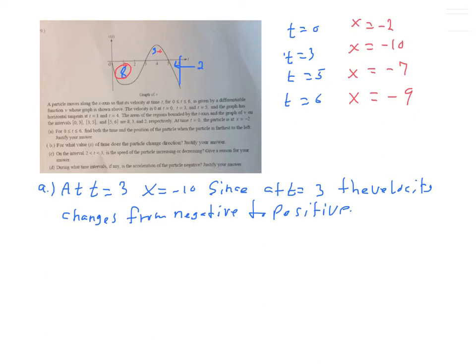Okay, so for what value of time does the particle change direction? Well, the particle is going to change direction when the velocity changes signs. So at 3, we change from negative to positive, and at 5, we change from positive to negative.